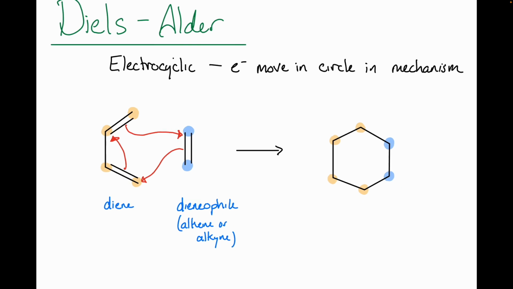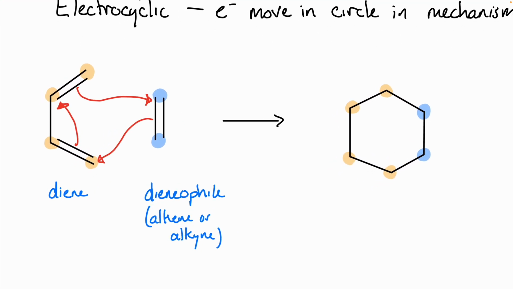Okay? We can see from our electron pushing arrows, this arrow here represents a new sigma bond that's going to be formed. This one over here, our new sigma bond, between my orange and my blue carbon.